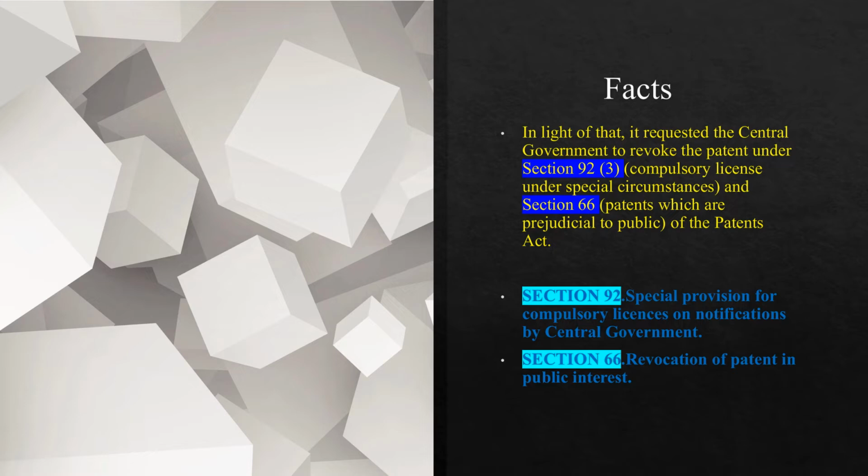For a clear version, the title for Section 92 is special provision for compulsory licenses on notifications by central government, and Section 66 is about revocation of patent in public interest.